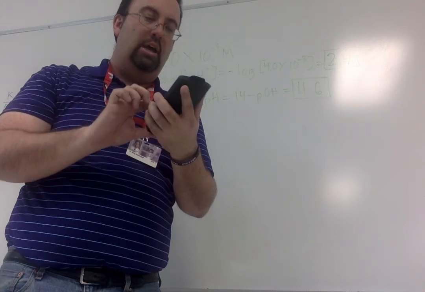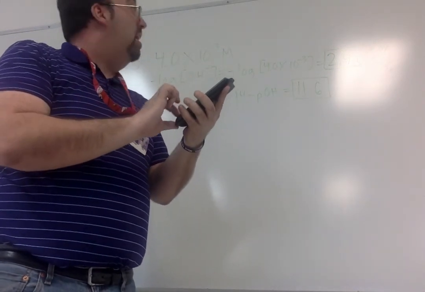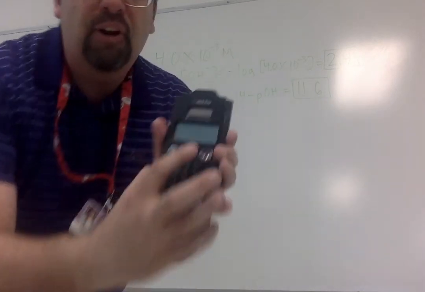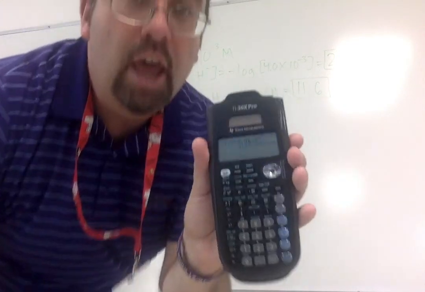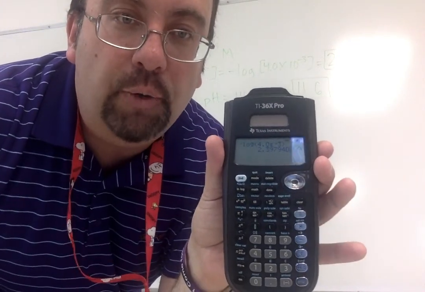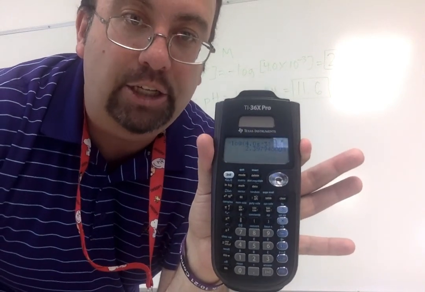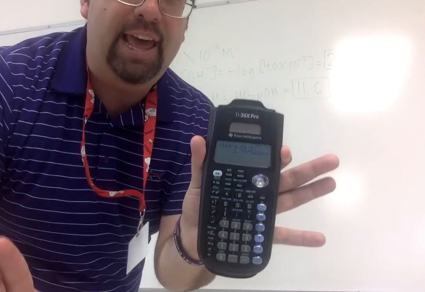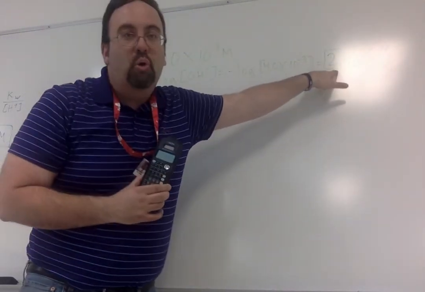I'm going to take the negative log of 4.0 e negative 3. If you guys remember, you have to use the E button, which is here, to do scientific notation. We get this answer, and typically we'll round it off to the tenths place for pH or pOH. And so we calculated that the pOH is going to be 2.4.